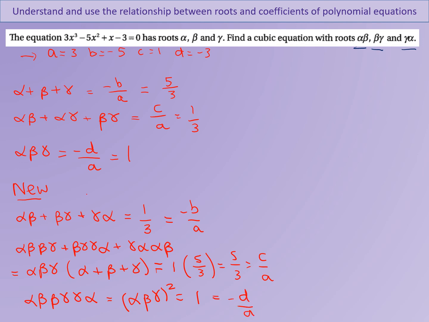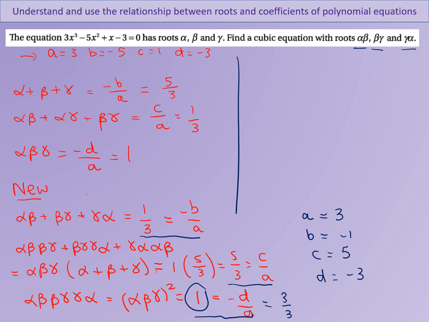This time, when we're looking for that new equation, we're using these three values, and because we've got fractions, this time I'm going to choose a to be 3, which means that b would be minus 1 and c would be 5, and the final one there we'd have to change to 3 over 3 for that value of 1, and that would mean that d is equal to minus 3.